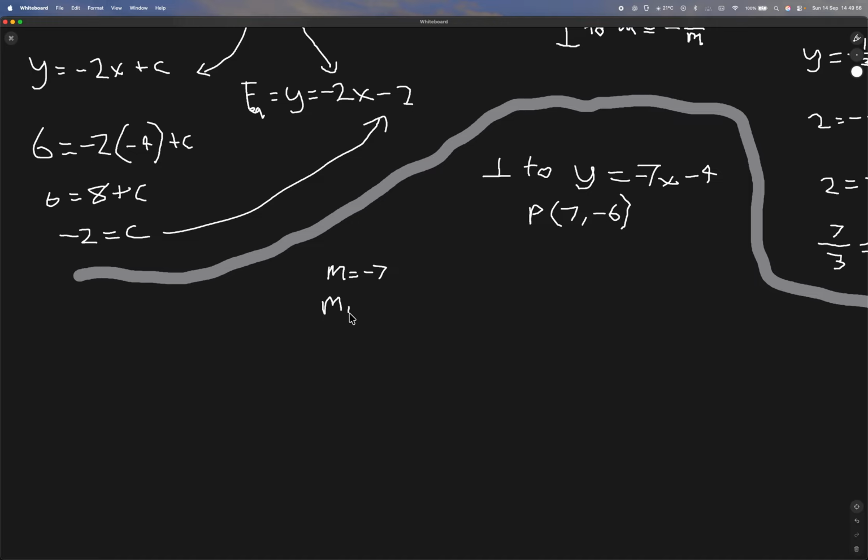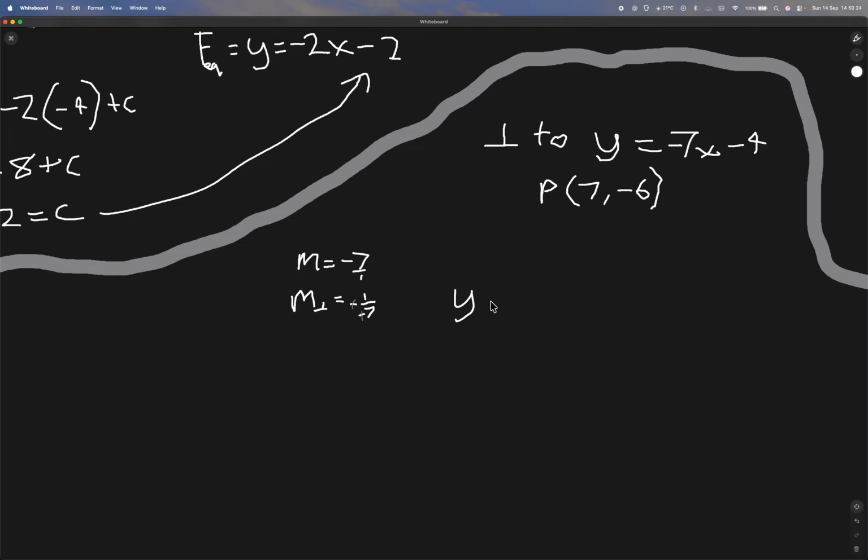M perpendicular is equal to, now if that's negative 7 on 1, this is going to be 1 on 7, and we remove the negative, because it'll be negative that, and then those two negatives will cancel. So y is equal to 1 on 7x plus c.